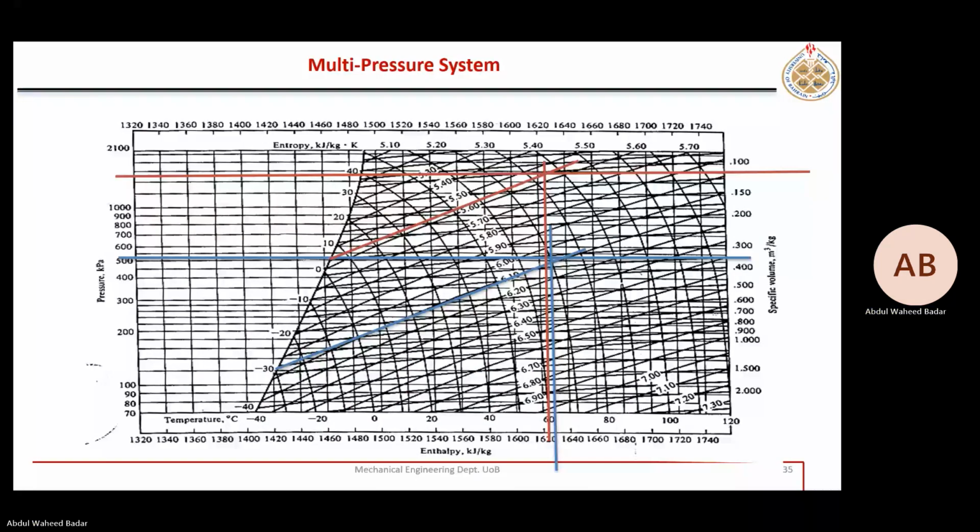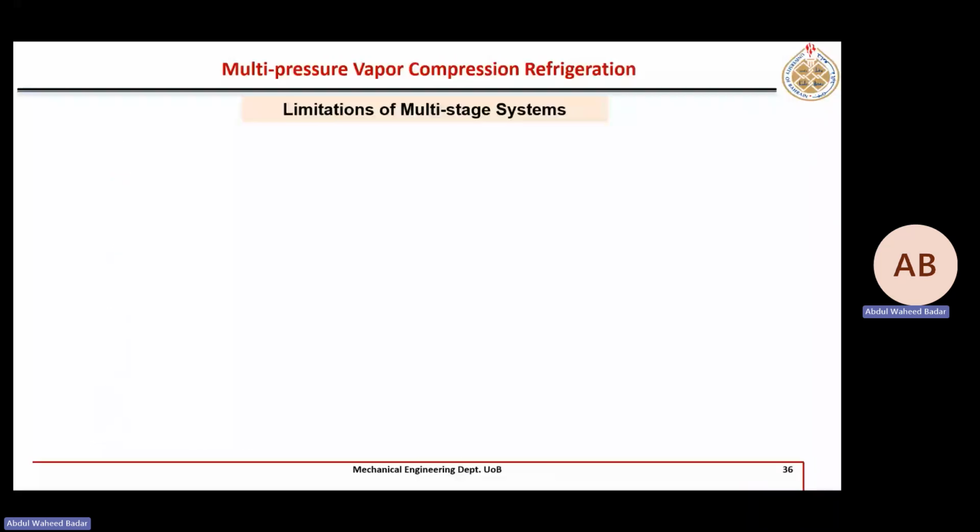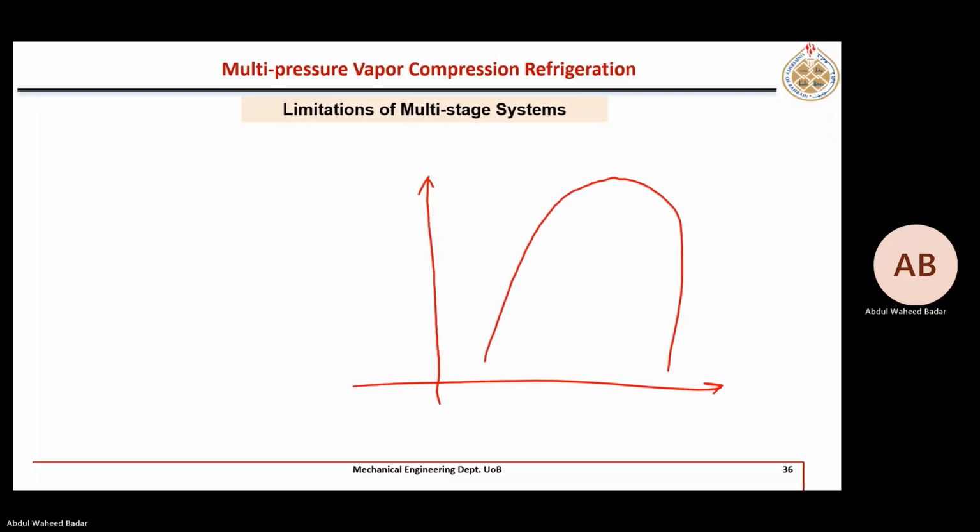Now the last topic of this chapter. In this entire chapter and also in the previous chapter, we were using one particular refrigerant, either all ammonia or all R22, right?